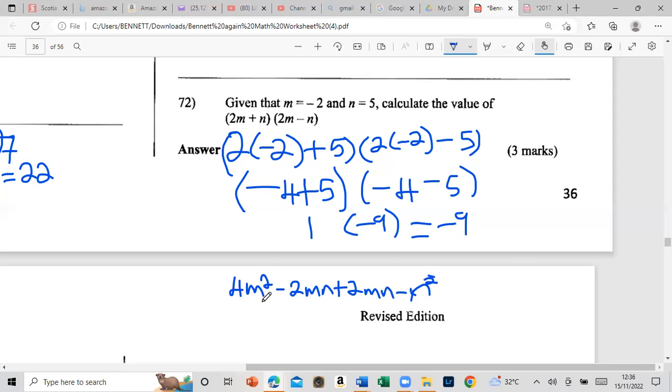This will be more difficult though. So in the end, you will get 4m squared minus n squared.